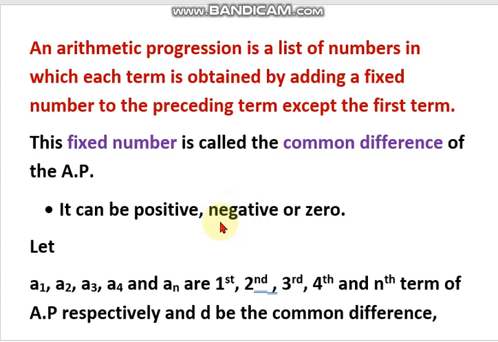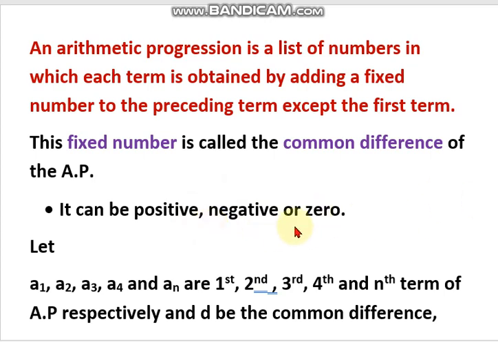Similarly, if you are taking some medicine for some disease, the number of bacteria will decrease in your blood. So this kind of sequence is called a decreasing sequence, that we'll study later on. But negative difference means each entry will decrease.